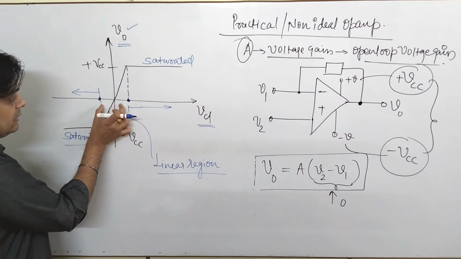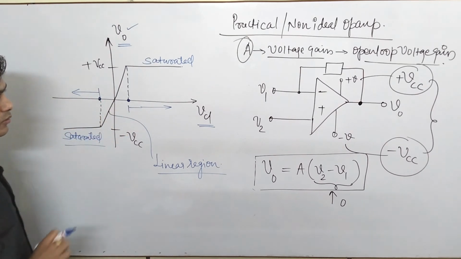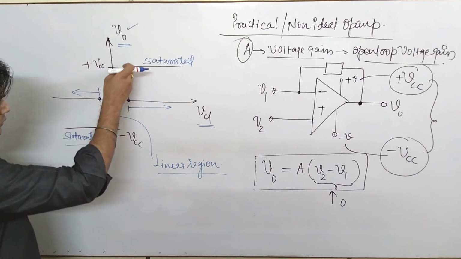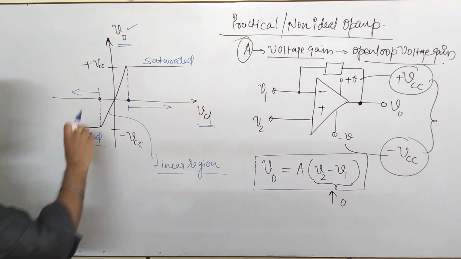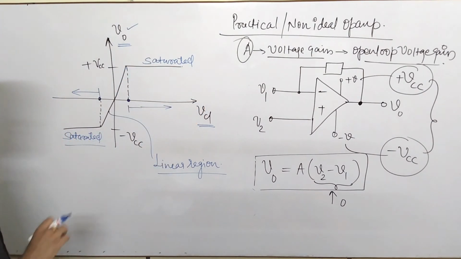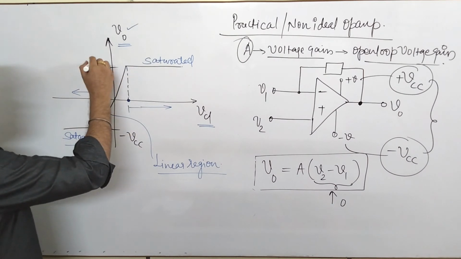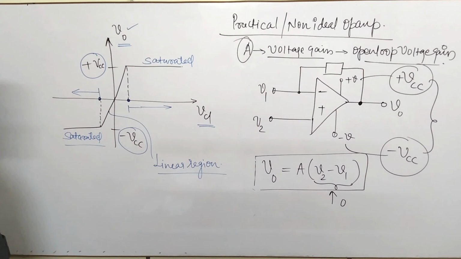It means between these two points, the nature of the operational amplifier is the linear region, but after that the op-amp will become saturated, and it is restricted by the voltage through which it is powered, that is plus VCC to minus VCC.